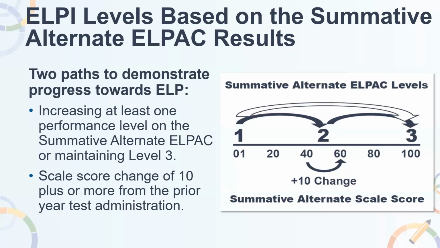Increasing at least 1 performance level on the summative alternate LPAC or maintaining level 3. Or scale score change of 10 plus or more from the prior year test administration. A test taker meeting either of these criteria will be counted as making progress towards ELP in the LP.